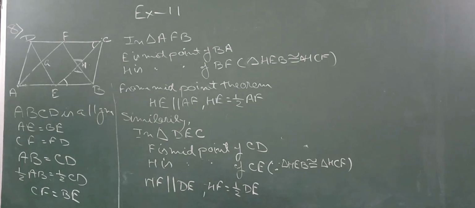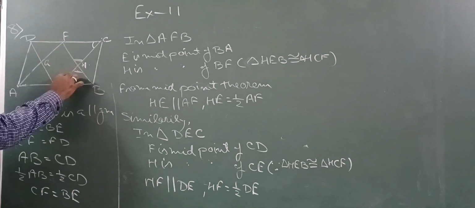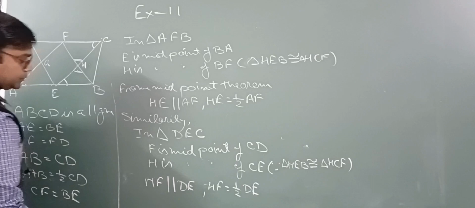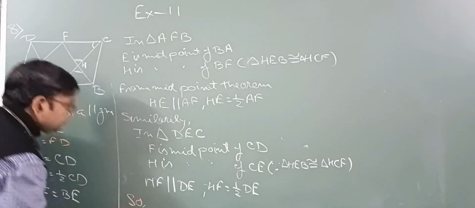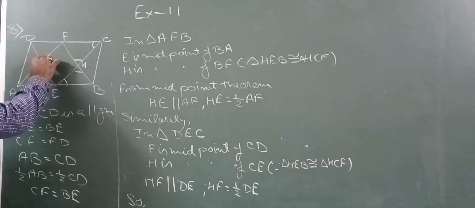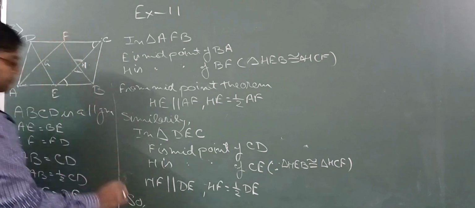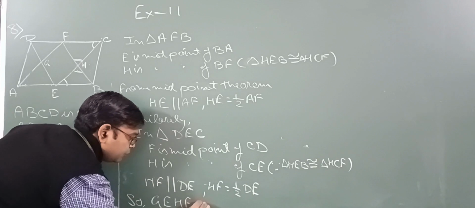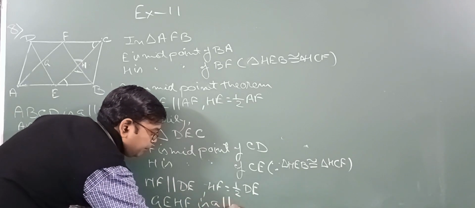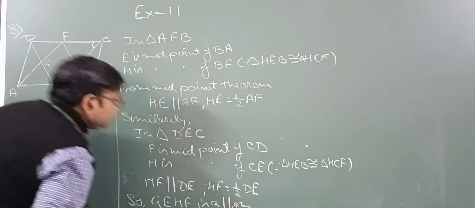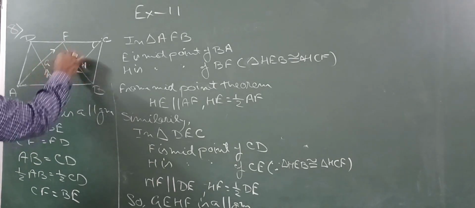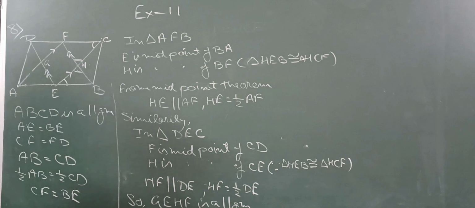Now from these we can say that these two are parallel and these two are parallel. So GEHF is a parallelogram. Why? Because these two sides are parallel to each other and these two sides are parallel to each other.